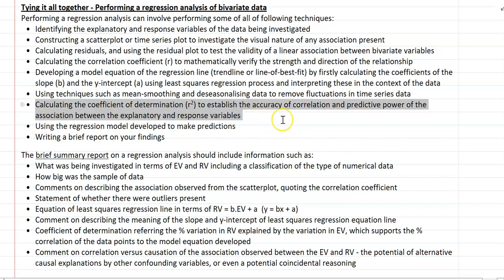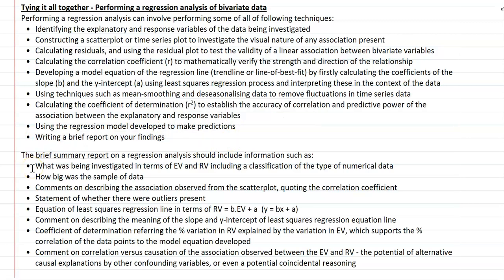You'd also calculate your coefficient of determination, or R squared value, and that will establish the accuracy of any correlation present and also the predictive power of your association between the explanatory and response variables. You may have to use the regression model you've developed to make predictions, and lastly, you may be asked to write a brief report on your findings.